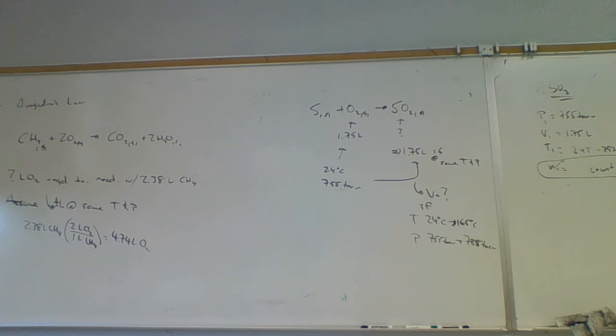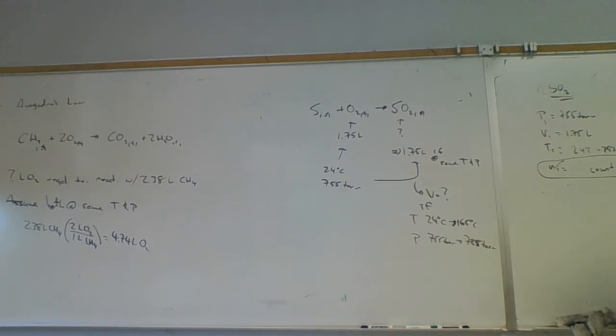And so we're just going to plug it in here. We're going to solve for V2. So V2 is equal to P1 over P2 times T2 over T1 times V1. So the pressure is going to go 755 over 785. The temperature is going to go, T2 would be 438 over 297, and V1 is 1.75 liters.